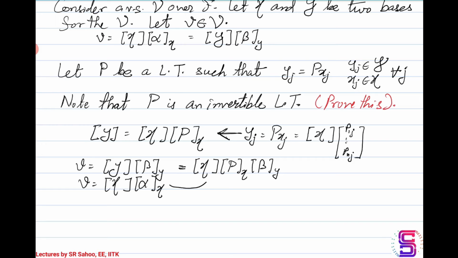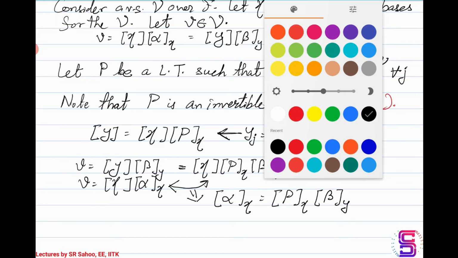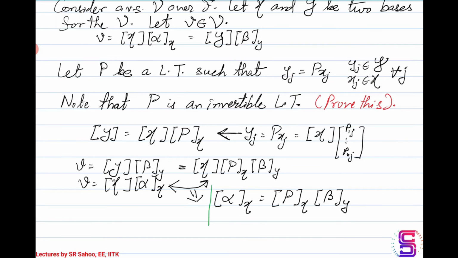So if we compare these two, this yields that the coordinates in basis X are obtained by multiplying the matrix representation of P with respect to basis X to the coordinates in basis Y. Okay.